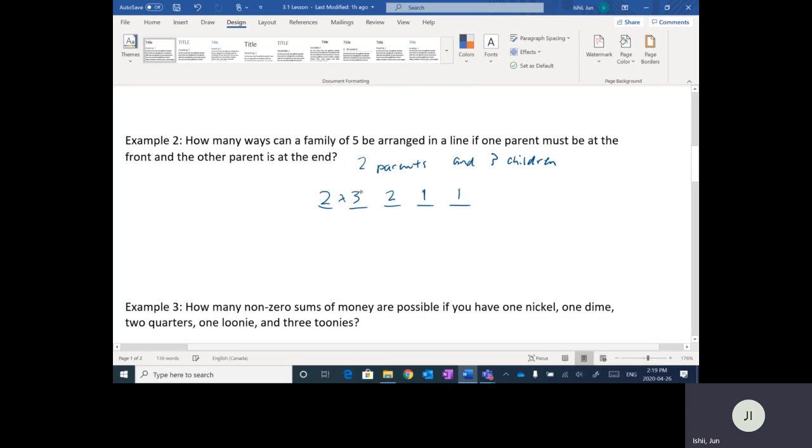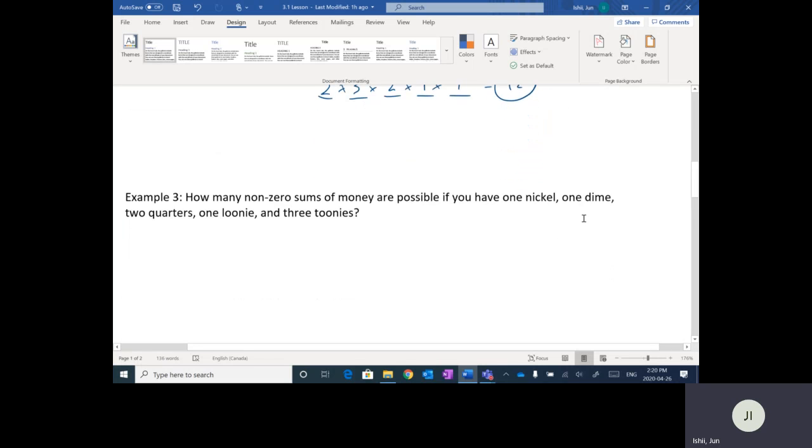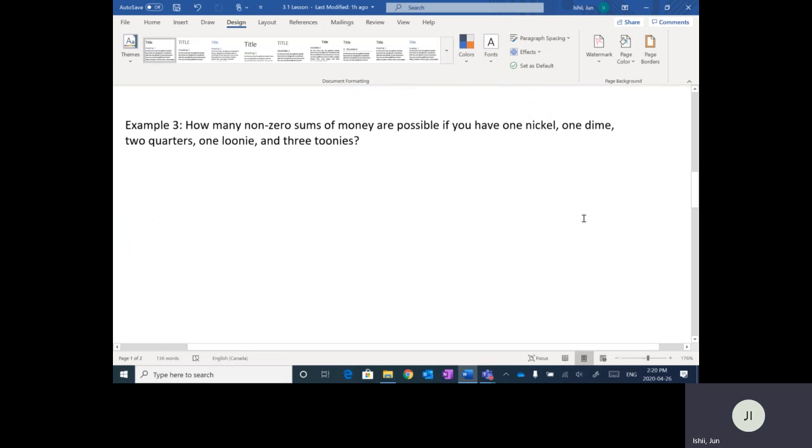We multiply these together, and that equals 12. So there are 12 possible ways for this family to be arranged if one parent is at the front and one parent is at the back. Cool. Now the last 2 examples here are a little bit more challenging.